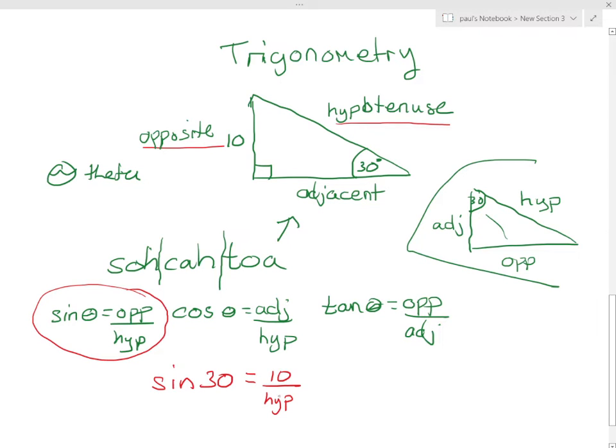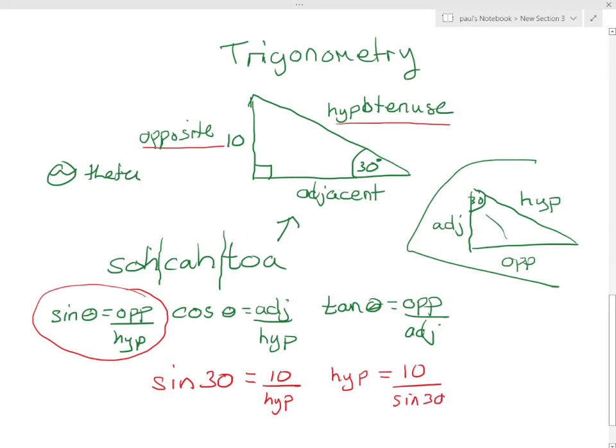So we now have to rearrange this so that we've got the hypotenuse on one side and all the rest on the other. So we swap these 2 around. The hypotenuse is now equal to 10 divided by sine 30.